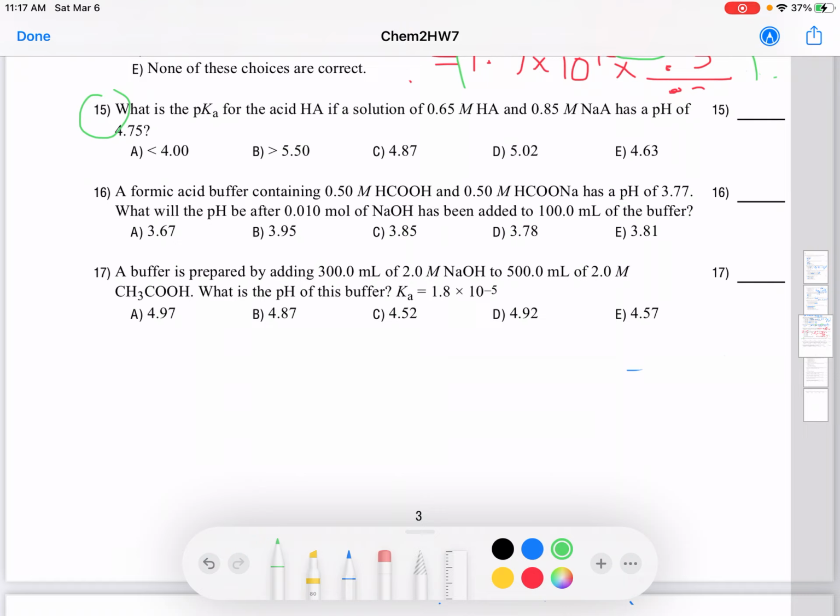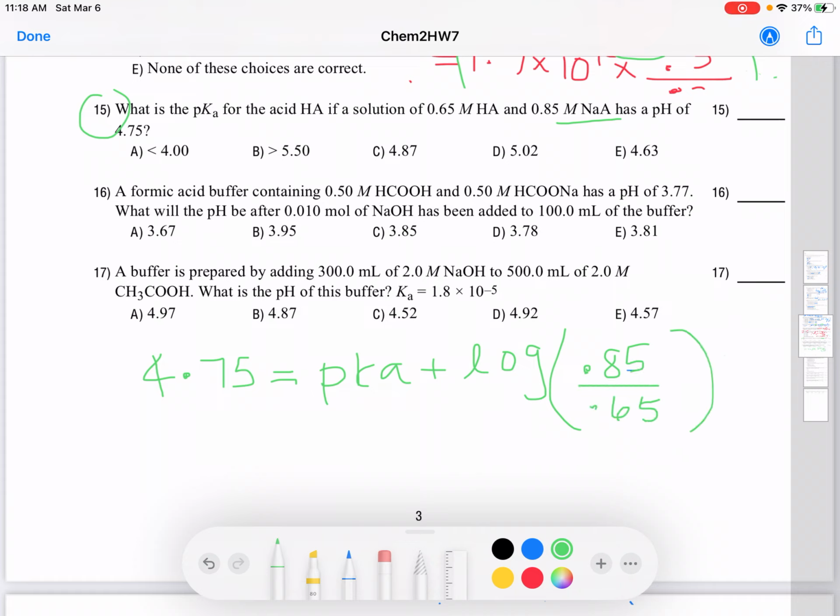Again, you are using your Henderson-Hasselbalch equation. pH is 4.75, equals pKa plus log of the base concentration, NaA, 0.85 over 0.65.